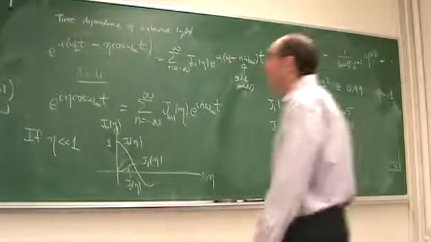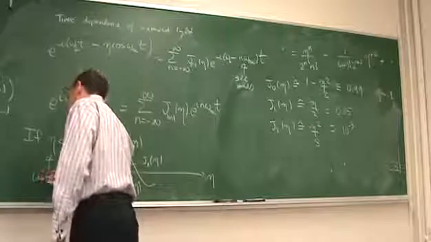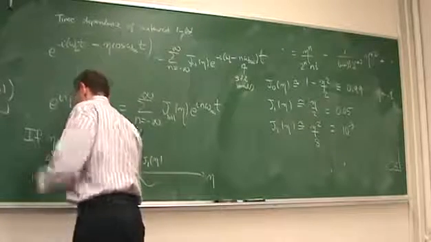And this parameter eta is known as the Lamb-Dicke parameter.